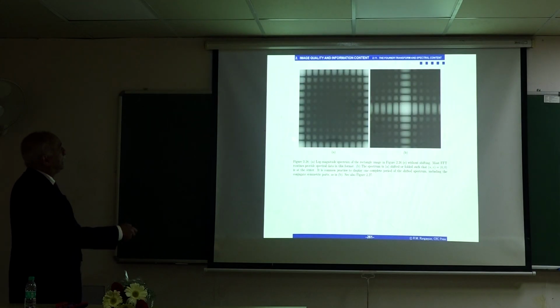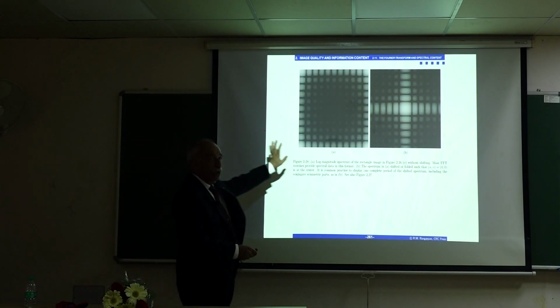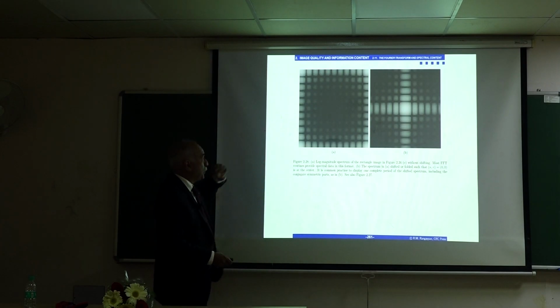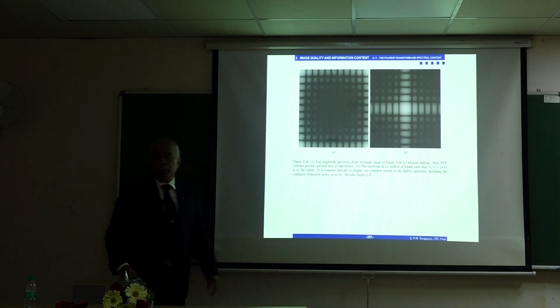So this is what the DFT gives you. But after centering, we get DC here in the middle, which was there. And this is easier to view and interpret. So these are log magnitude of the Fourier transform with shifting. This is without shifting. This is with shifting. So this is maximum horizontal frequency, maximum vertical frequency, positive and negative.